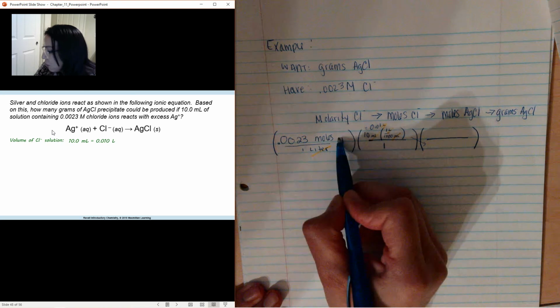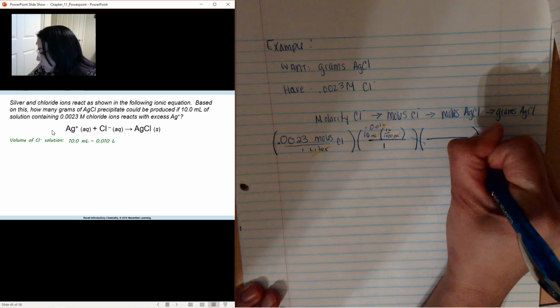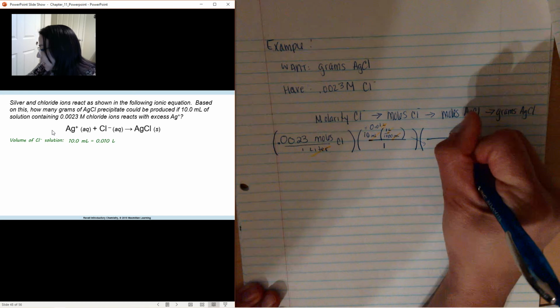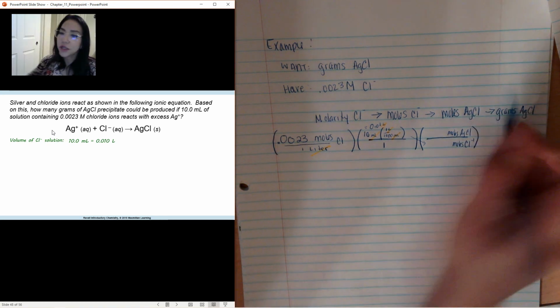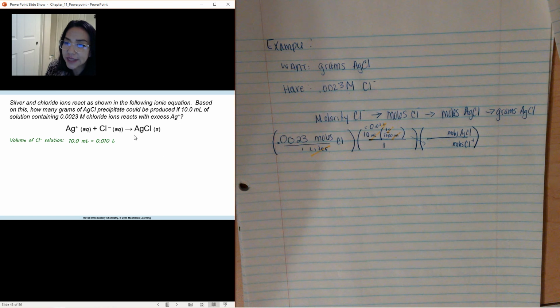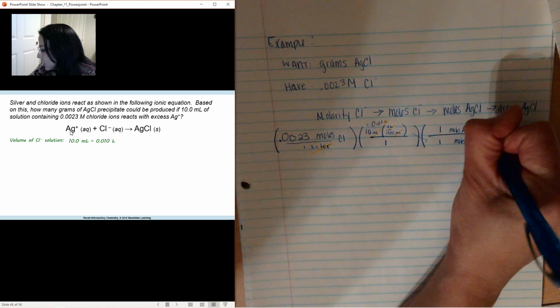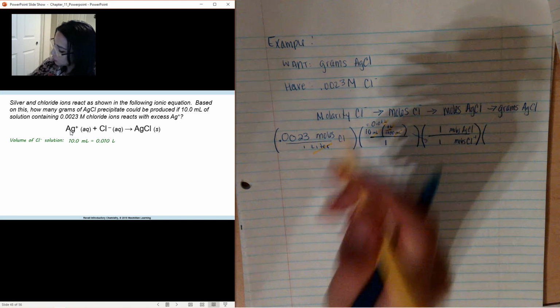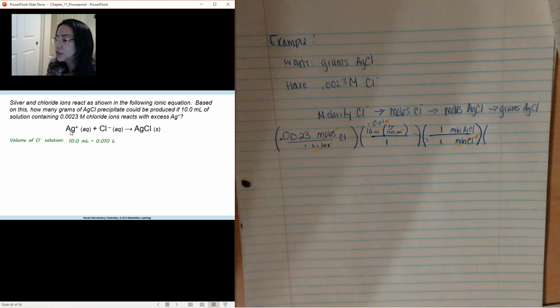So I'm going to write moles of chlorine at the bottom, and I want moles of silver chloride. According to the balanced chemical equation, everything is a 1-to-1 ratio, so I'm just going to write a 1-to-1. Now moles of chlorine cancels out with moles of chlorine, and I'm left with moles of silver chloride.